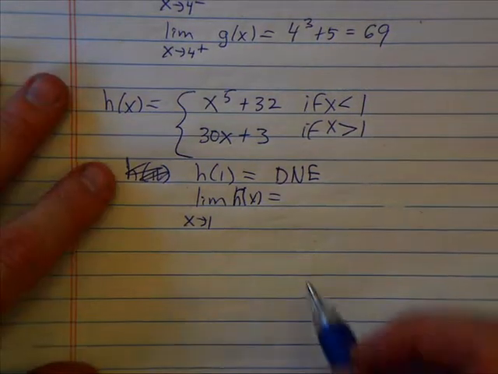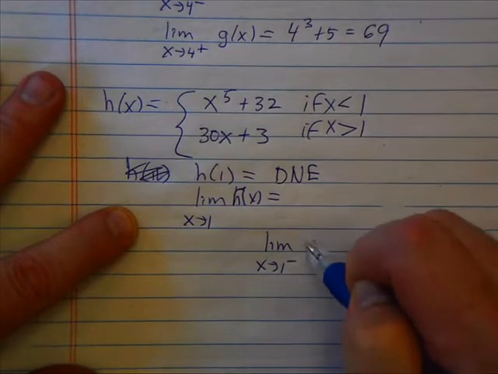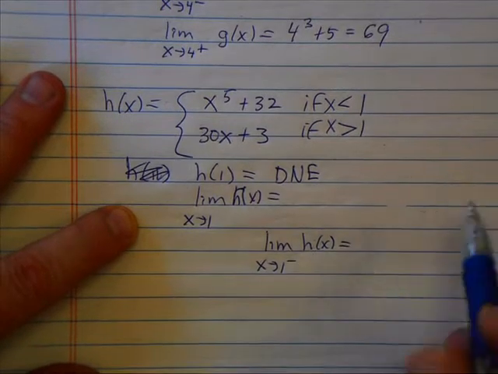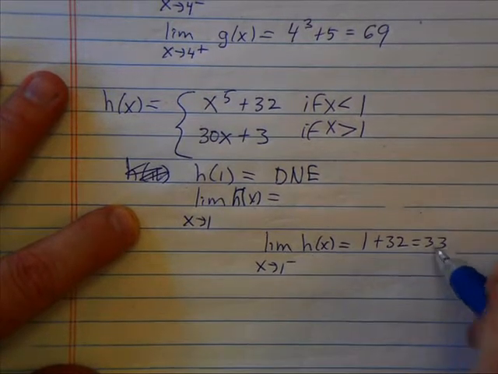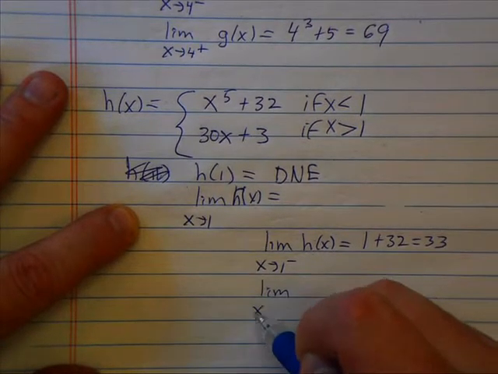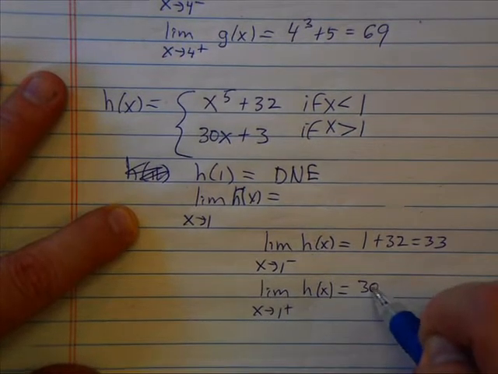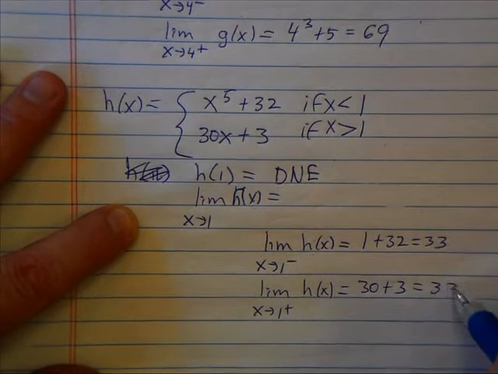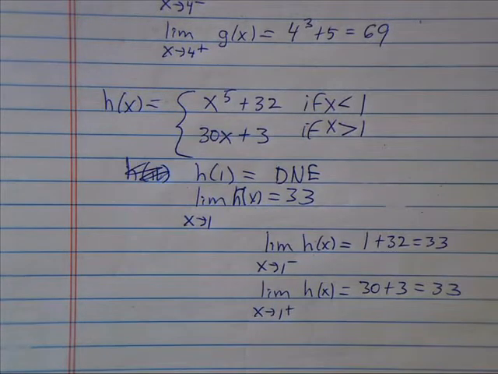You got to check from both sides. That's correct. Limit as x goes to 1 from the left of h of x is 1 plus 32, which is 33. And the limit as x goes to 1 from the right of h of x is 30 plus 3, which is also 33. So in that case, we would say the limit is 33.